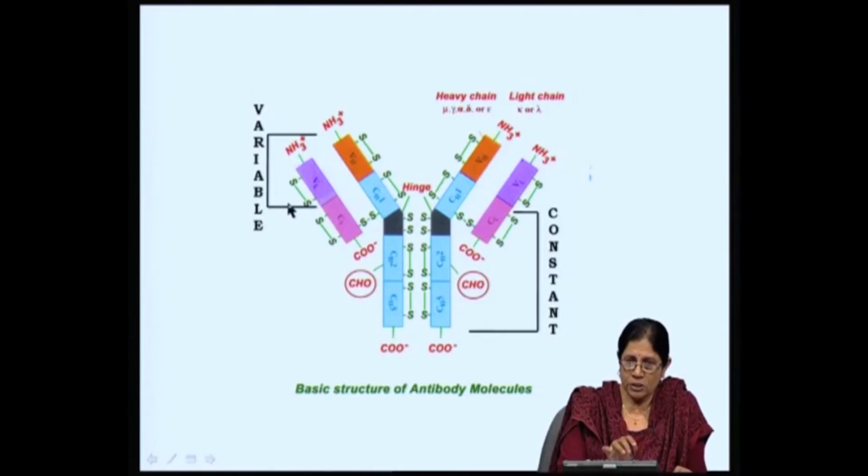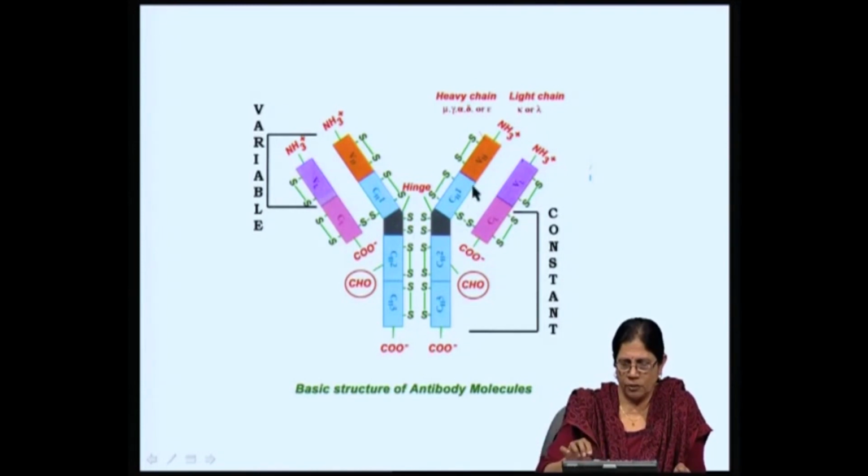This variable region is formed by the recombination that we discussed in the last class, VDJ recombination as happens in the heavy chain and VJ recombination that happens in the light chain. Needless to say, this variable region is the region which is required for antigen recognition, and variable suggests that each immunoglobulin is different in the type of sequence that it bears on the heavy and light chain at this terminus.